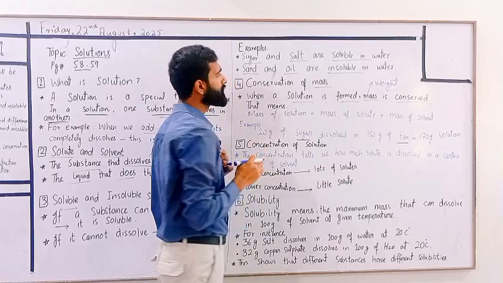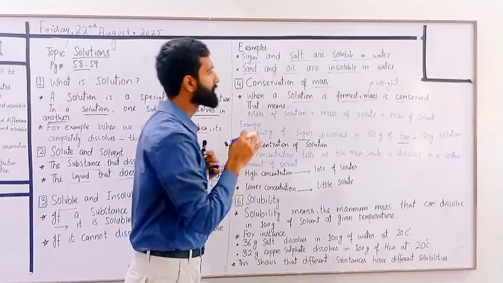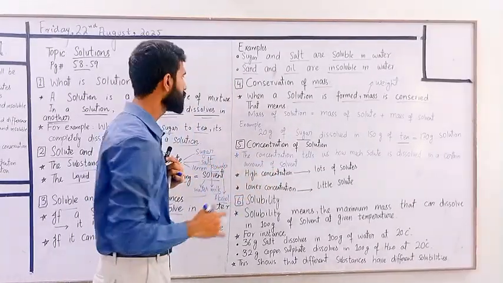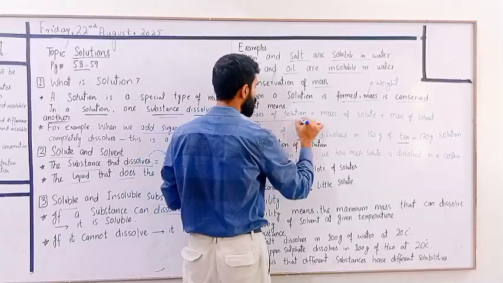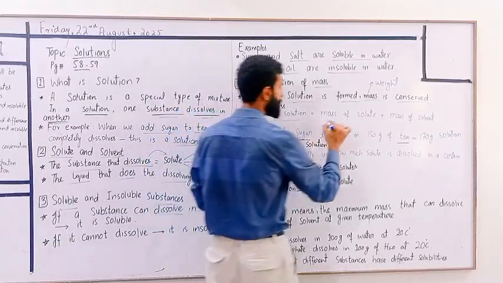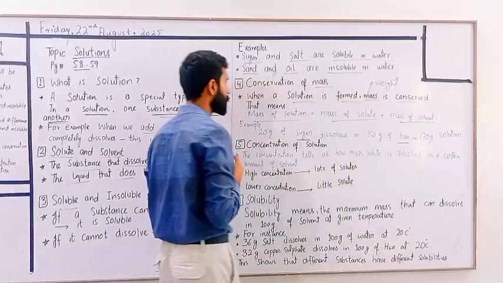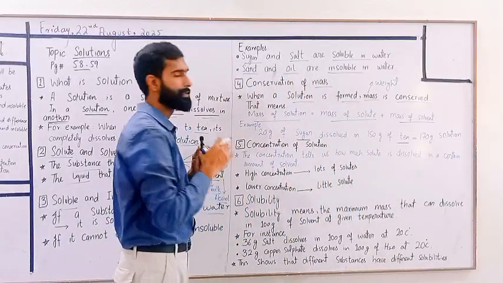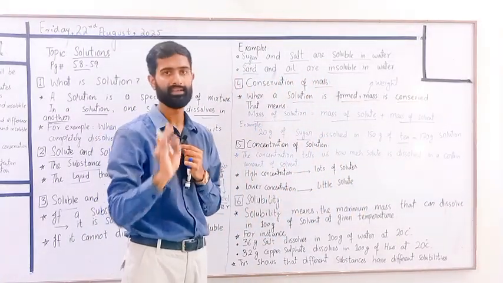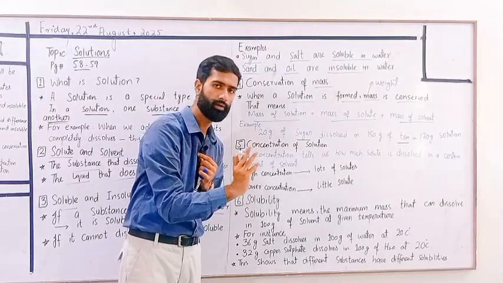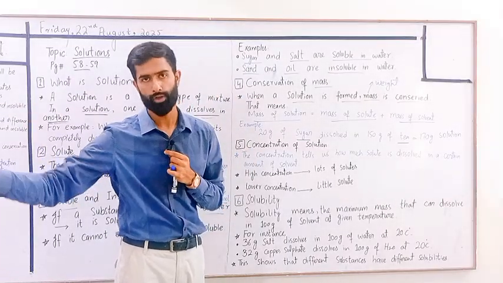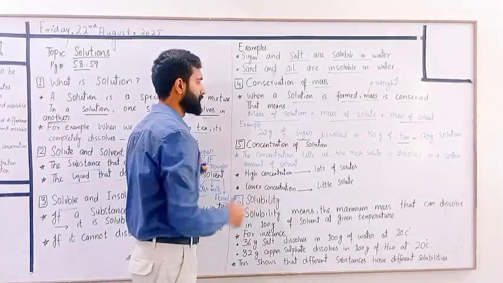So when a solution is formed, mass is conserved. That means the mass of the solution is equal to the mass of the solute plus the mass of the solvent, right?